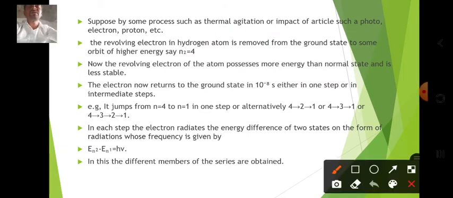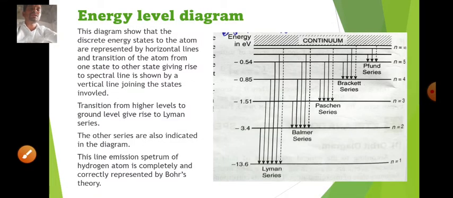And the last one: the different members of the series are obtained like this. What are those series?